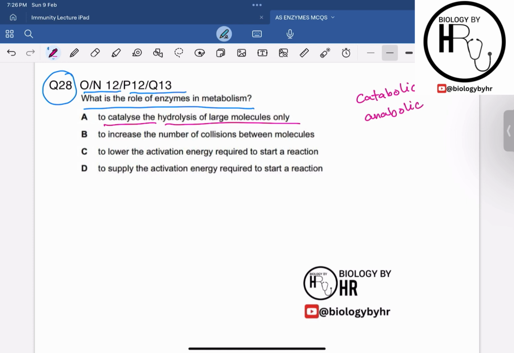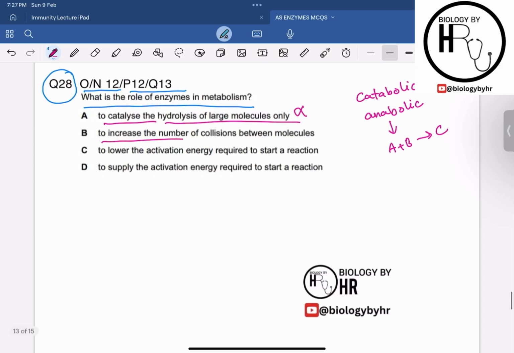In catabolic reactions, we know that, for example, a product C breaks down into A plus B, right? And in an anabolic reaction, A plus B combines to form C, right? So enzymes are not only responsible to hydrolyze the large molecules, but they can form the large molecules as well, right? So this option is incorrect. The next option: to increase the number of collisions between the molecules.